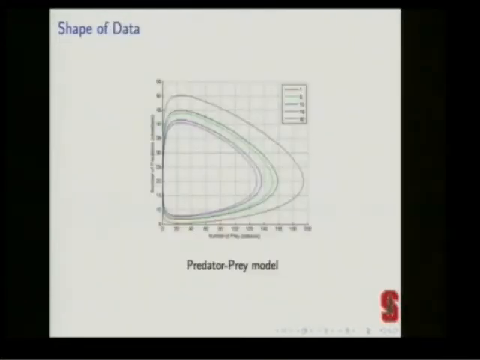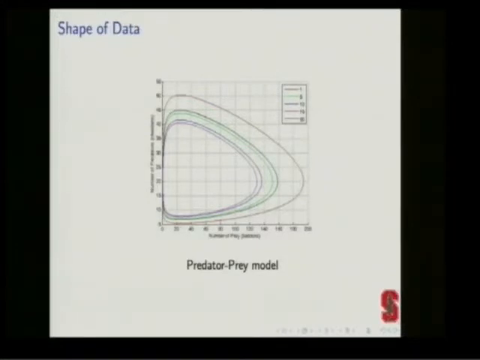Now here's an interesting one, and this isn't real data, by the way. When I talk to biologists about this, and I put this up as data from real life, they laugh at me because this is coming out of simulations of Lotka-Volterra differential equations that you've probably seen in calculus texts. They are sort of an interesting proxy for reality. But the point here is, actually I'm showing you several data sets here.